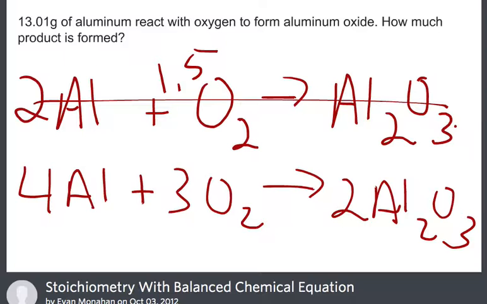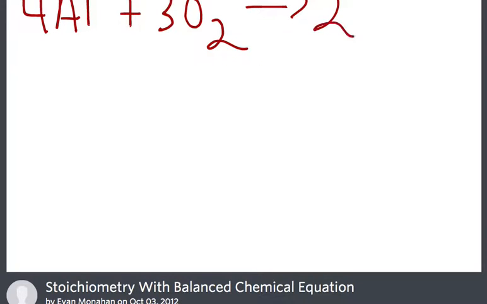Okay, so step 1, balanced chemical equation. Let's talk about step 2. Step 2 is to write down what we've been given in the question, and then we kind of have to figure out a plan of action. How are we going to solve this problem? So as we said before, we have 4 aluminums plus 3 O2s yields 2 aluminum oxides.